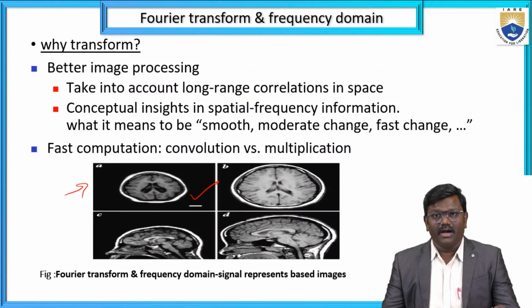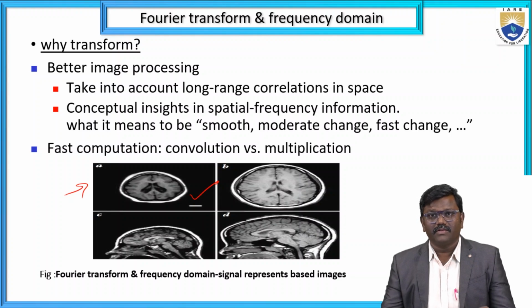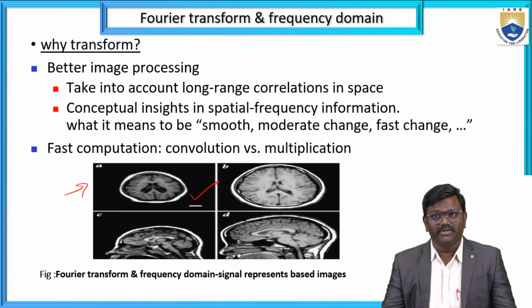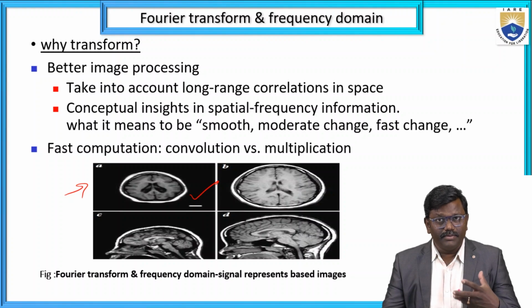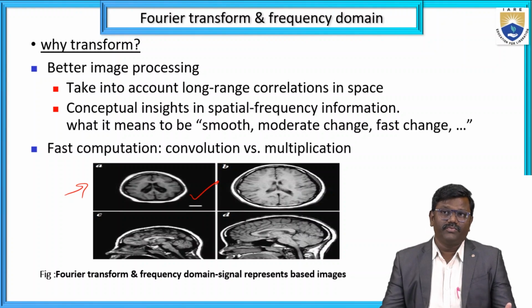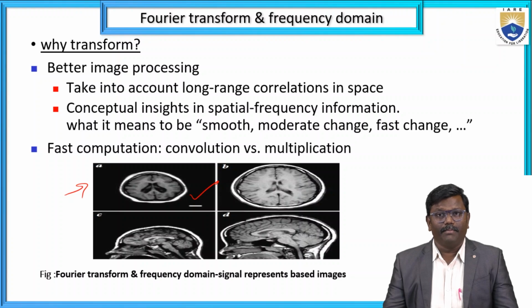These MRI images also need such image processing in terms of smooth and moderate changes, to get fast changes of image processing information, which we call fast computation, with the help of convolution versus multiplication.